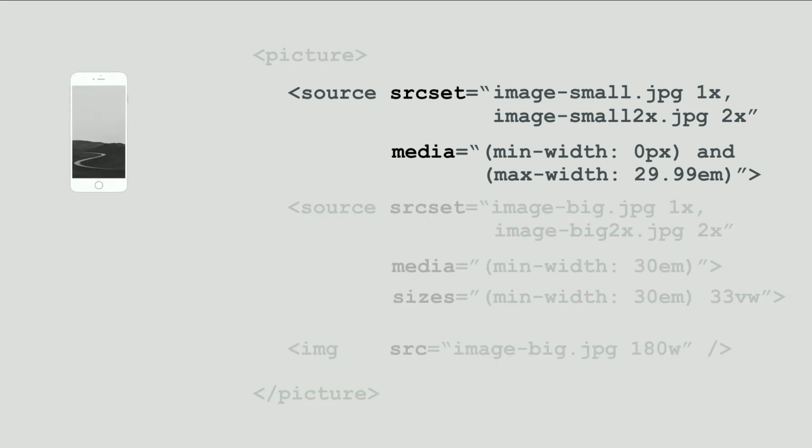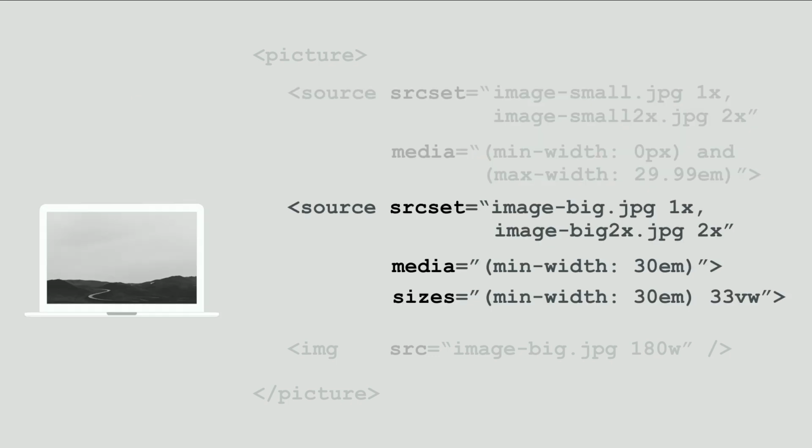And those are the sources. Each source should target a different visualization of the image, because as you can see, here we have an image with a different proportion, so you shouldn't use exactly the same source for that.